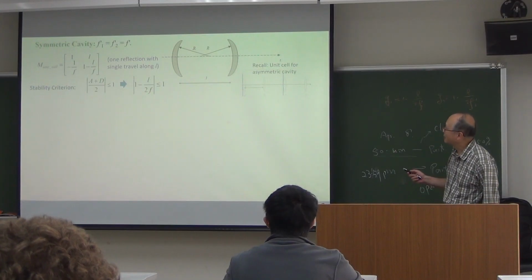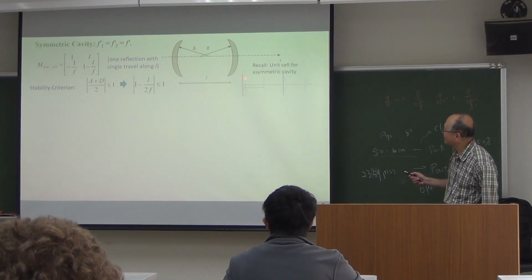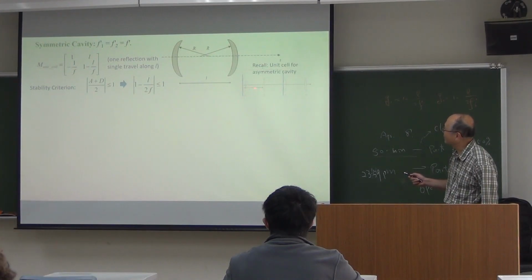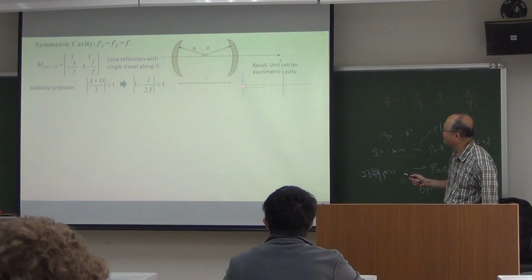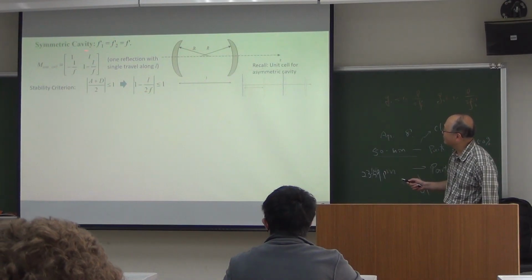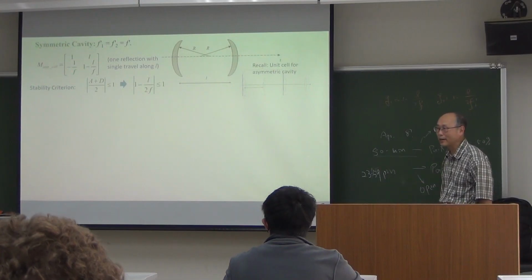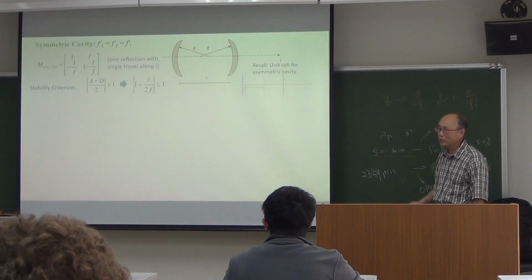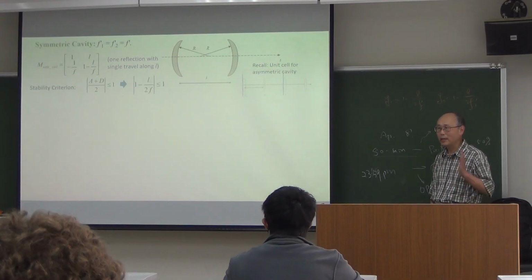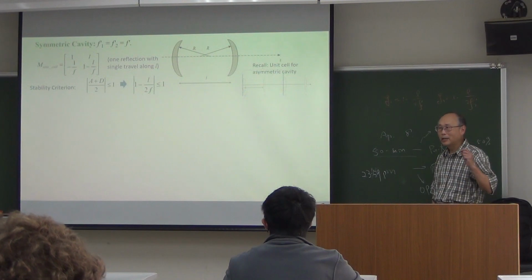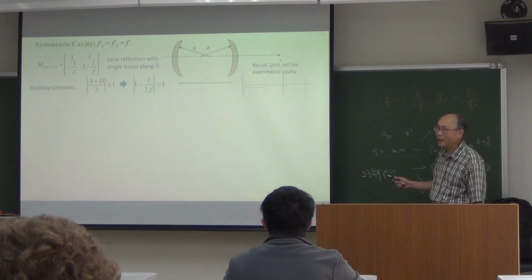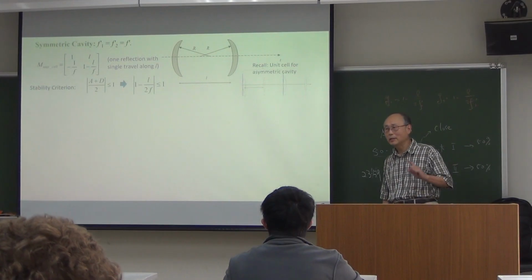Now, if you just adopt this lens and also this free space propagation as the ray matrix for this unit cell, then the unit cell matrix is much simplified like this. But you have to bear in mind, now when we talk about n plus 1, n plus 2, n plus 3, every increment in n means a one-way, single trip propagation in the cavity.